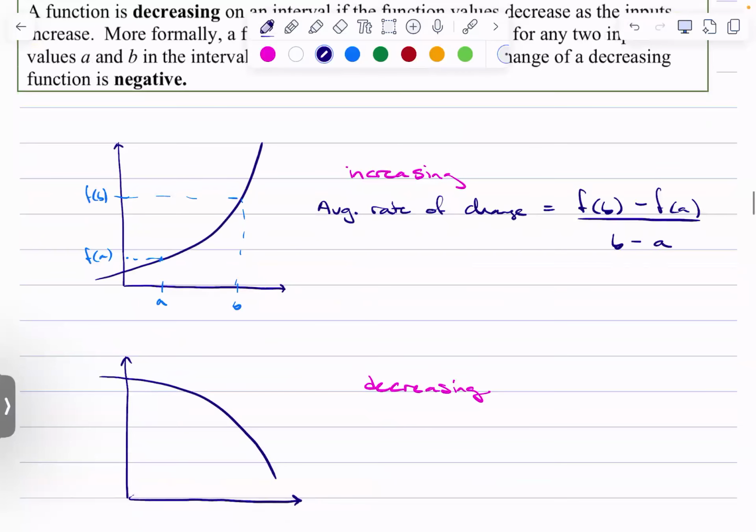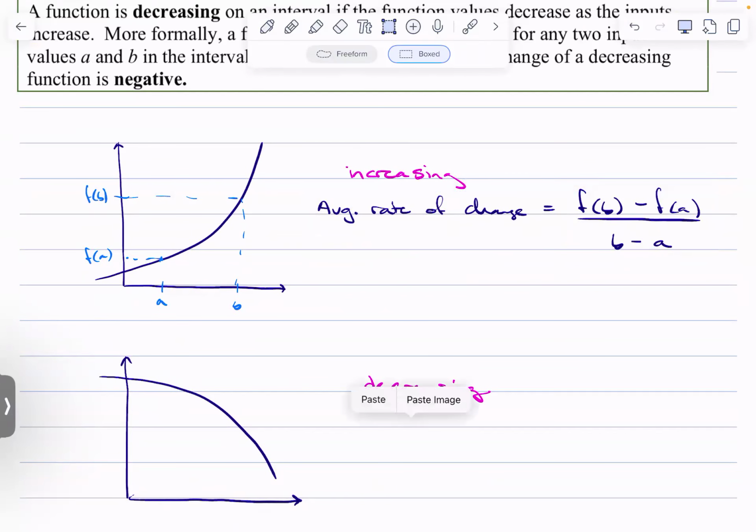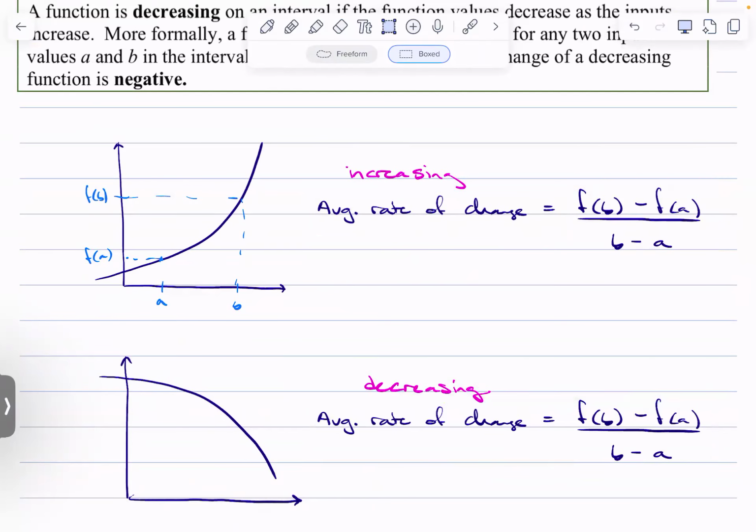And because I'm going to do this for the next one too, I'm going to cheat and copy paste right away. If it's increasing like this, so we decided this is increasing, right? Then f of b minus f of a is going to be a positive number, right? And so what we can do is we can say this is a positive number.